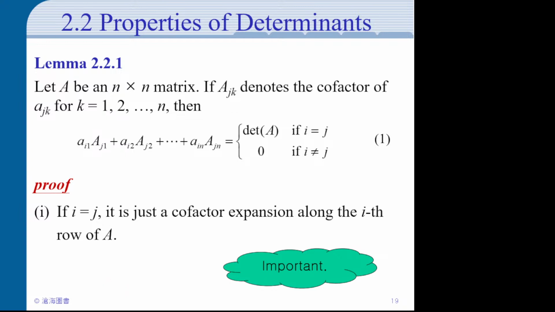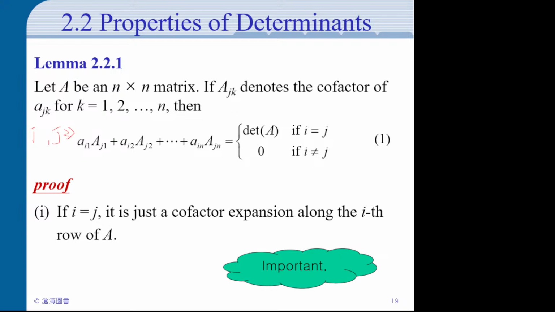This thing looks really like a determinant expansion, but it has a different i and a j here. This is a function of i and j.